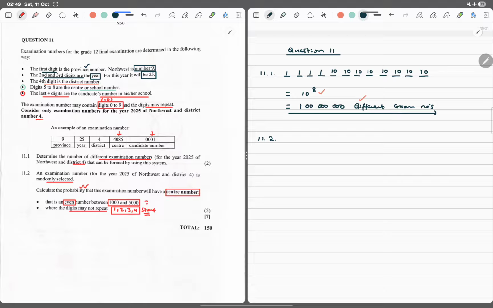But the numbers that should end the center number, it's even digits. So even digits is 0, 2, 4, 6, and 8, right? So it's all these 5 digits. They can end our center number. So we need to play a very smart trick. Now let's have a look, guys.